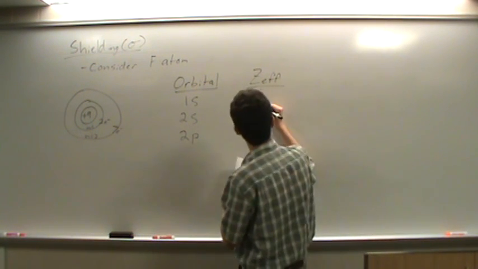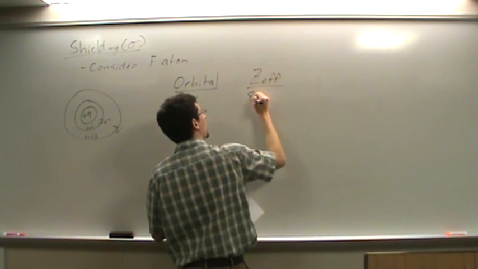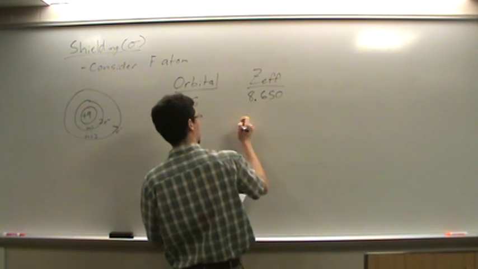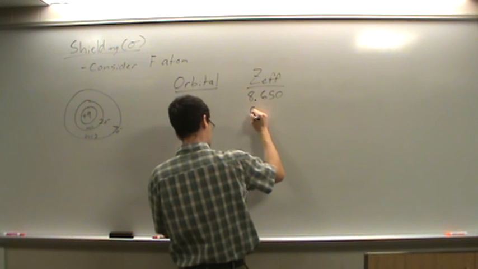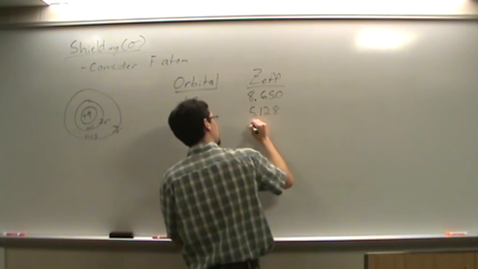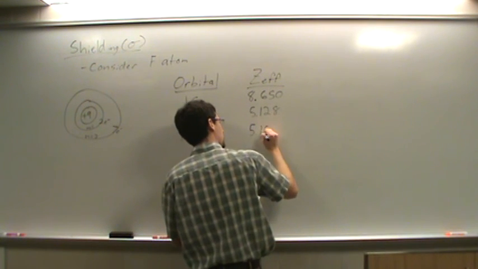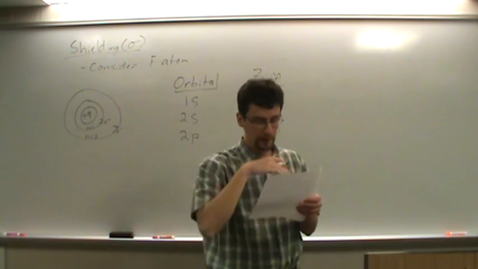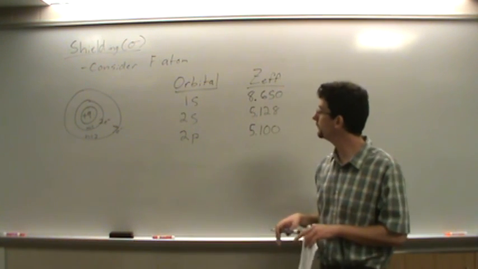If we look at the Z effective, or the effective nuclear charge, we find it as 8.650 for the 1s state, 5.128 for the 2s state, and 5.100, excuse me, for the 2p state.